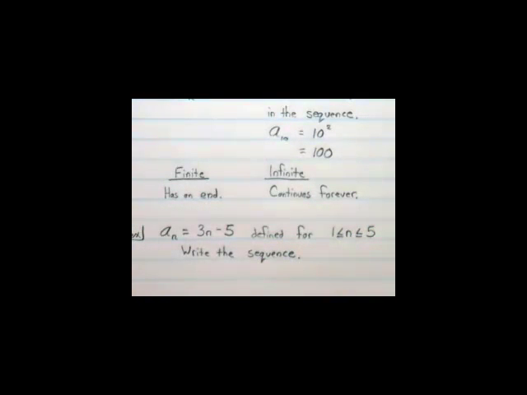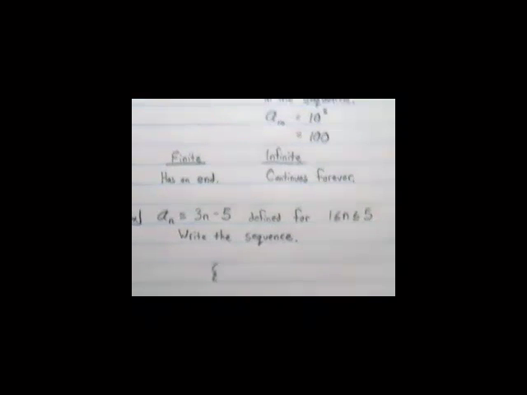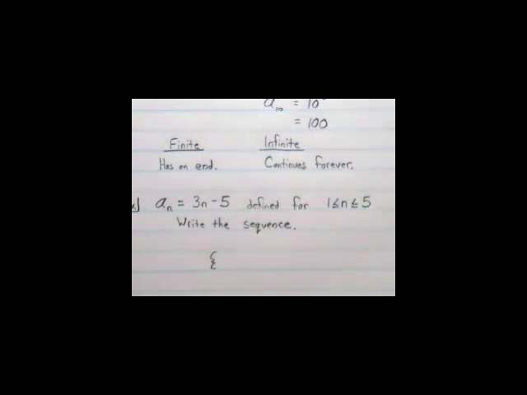So this is kind of doing a little bit backwards of what we did in the activity. Instead of you having to come up with the formula from the sequence itself, now you have the formula and you have to write the sequence. This is easier by far. What's the only thing you need to do here? Just plug in the numbers, right? You have 1 through 5, plug them in, start writing out that sequence. Okay, so if I plug in a 1, what do I get?